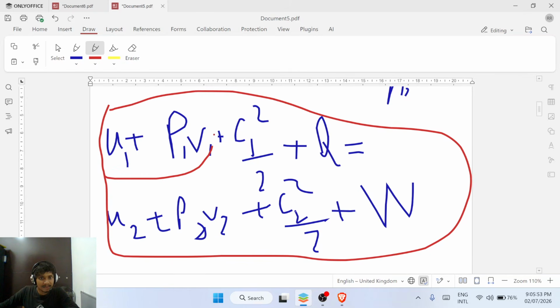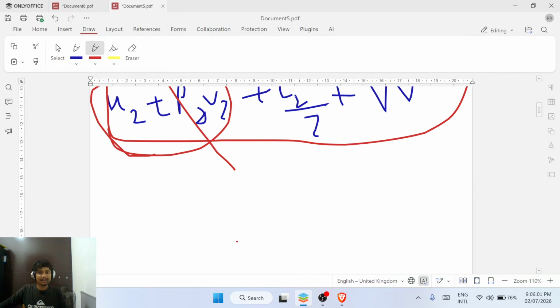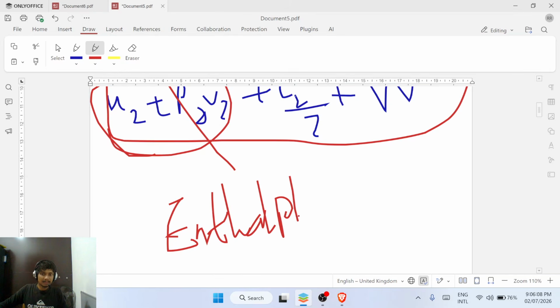Here U1 plus P1 V1 and U2 plus P2 V2 are the same kind of term. What are they? They are enthalpy. We have already studied enthalpy in advanced level chemistry.